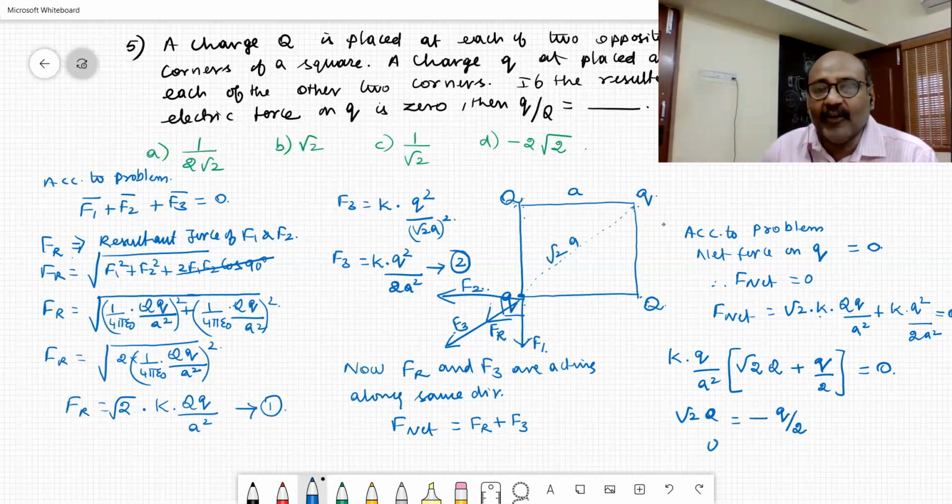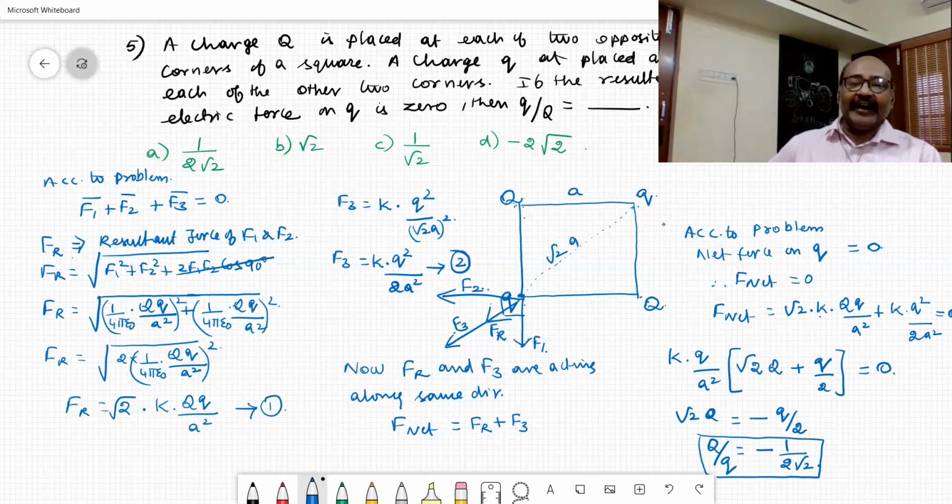So what is the value of Q? You are asked to calculate the ratio. Take this q to the other side. So Q divided by q equal to minus of 1 divided by 2 root 2. So that is the ratio capital Q divided by small q is equal to minus of 1 divided by 2 root 2.